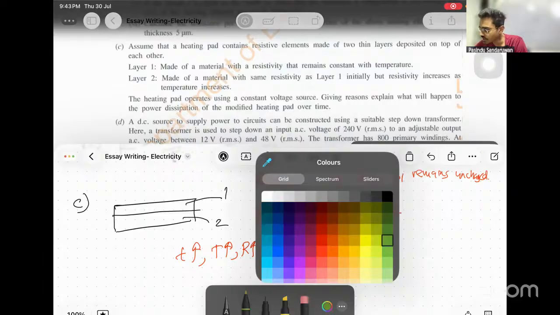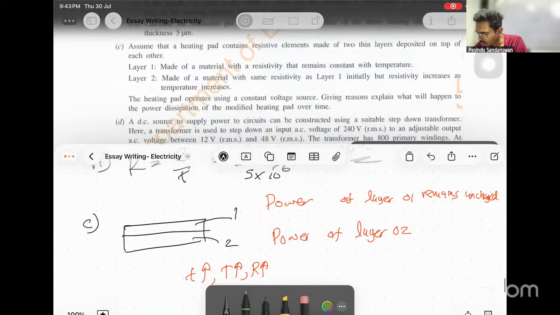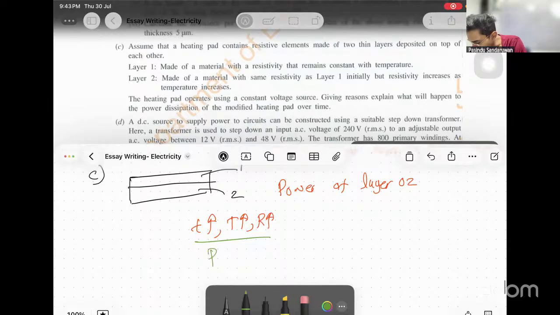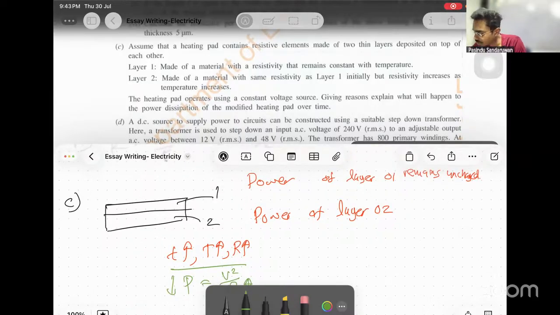Our equation for power is, if the potential difference is unchanged, V squared over R. When R increases, power decreases. So the power of layer 2 decreases with time.